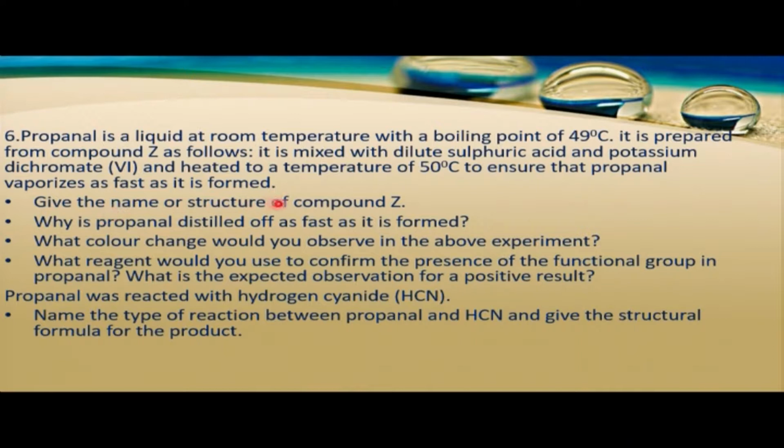Give the name or the structure of compound Z. So that must be an alcohol because we are oxidizing. And here what compound are we producing? Propanal. So it must come from the alcohol with three carbon atoms, that is propan-1-ol. Why is propanal distilled? To prevent further oxidation, of course. The color change, you can determine that.